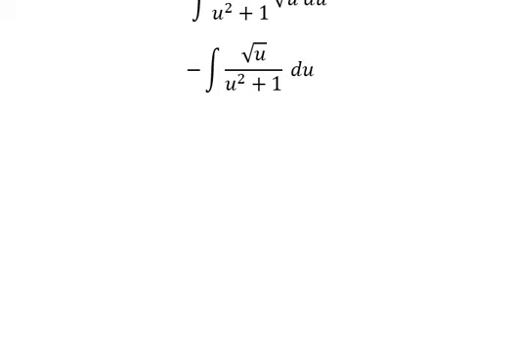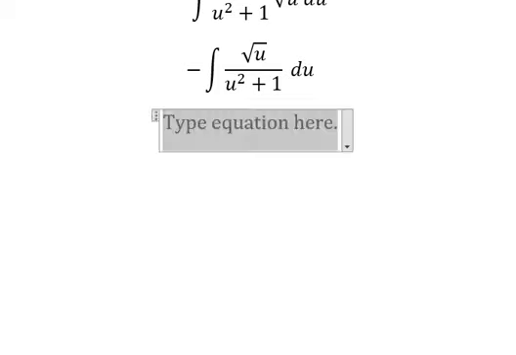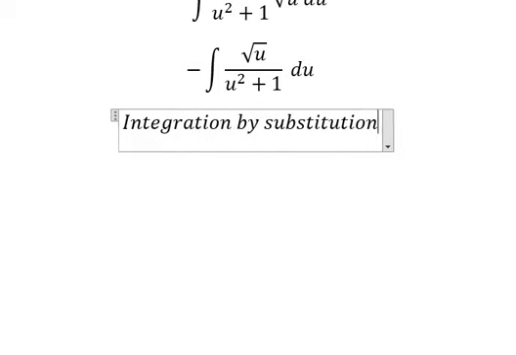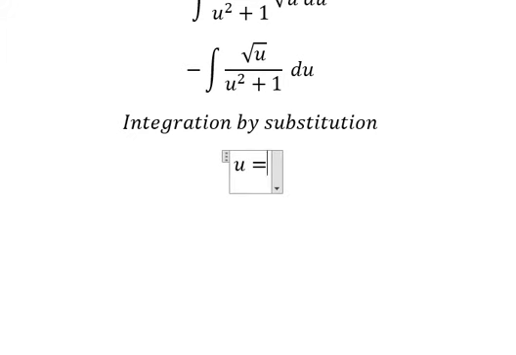Next, we need to use integration by substitution. So I will put u equals t squared because I want to cancel the square root. So I need to use t to the power of 2. We do the derivative for both sides.